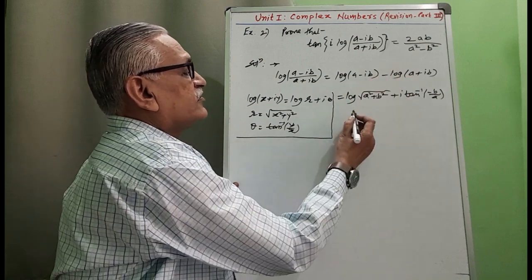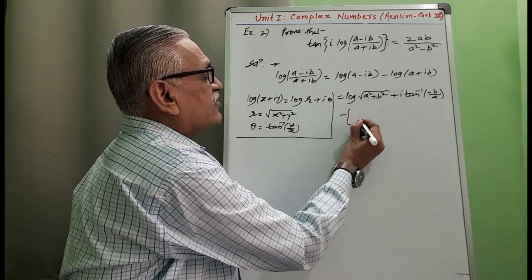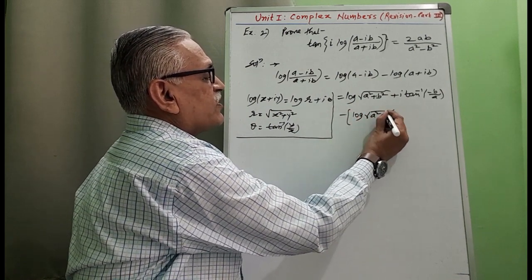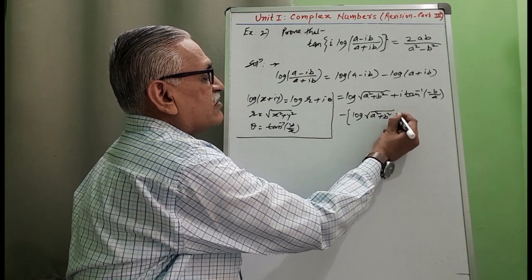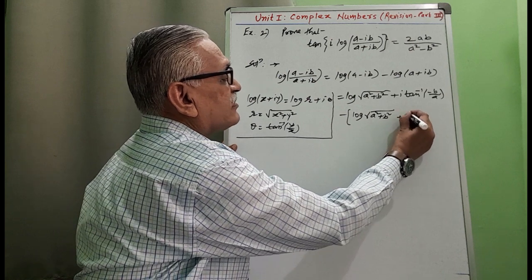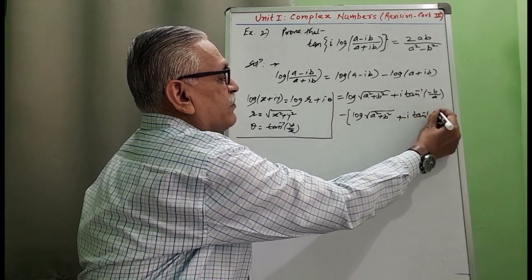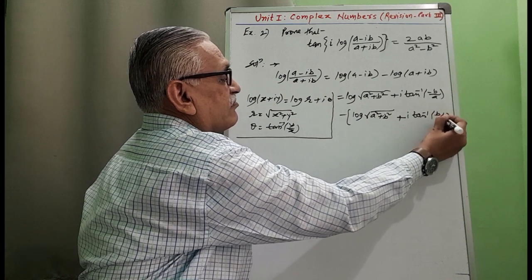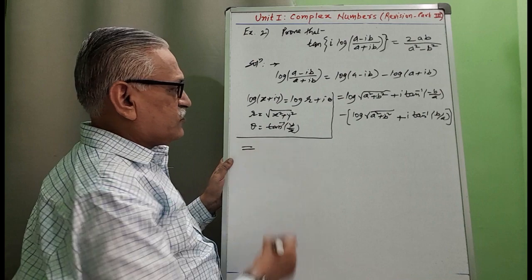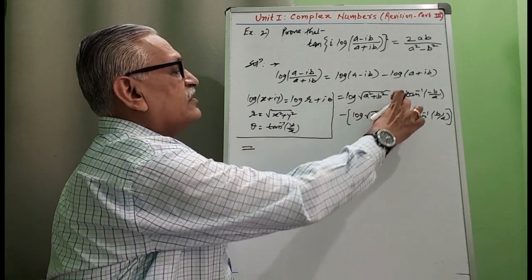And minus log of a plus ib, again log r, r is here root of a square plus b square, and plus i theta, theta is tan inverse of b by a. And therefore it is equal to, this log minus log gets cancelled.